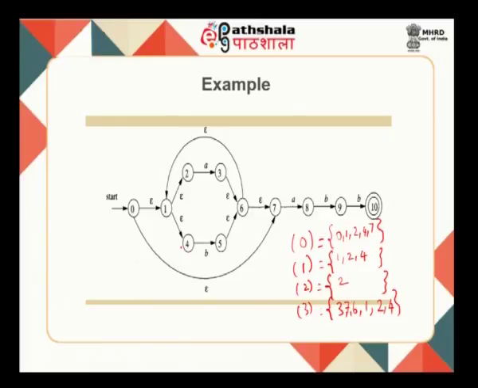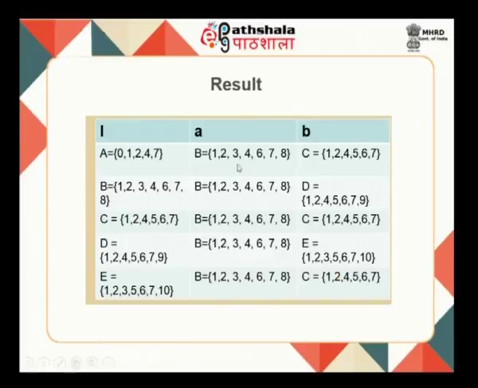So, together it is 3, 6, 7, 1, 2, 4 and 8. So, what states are reachable from this state on A only, and for the resultant state you have to compute epsilon closure. So, how did we end up in this?